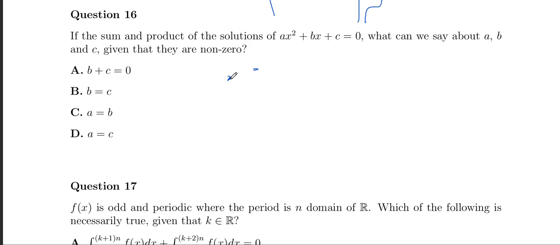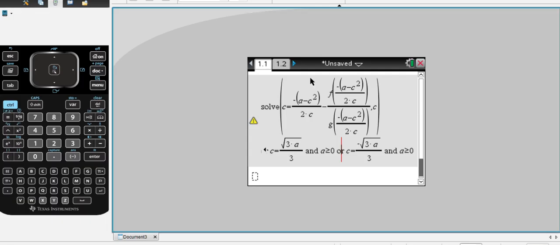So we know that x is equal to negative b plus or minus root b squared minus 4ac over 2a. Their sum and product need to be equal to each other. So let's just type that out.